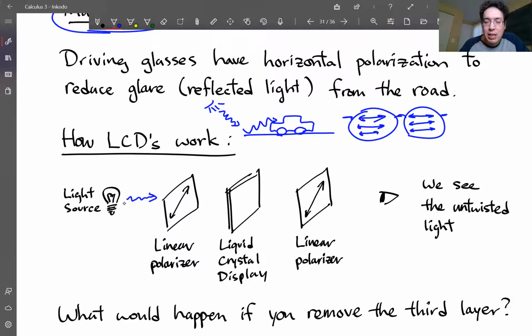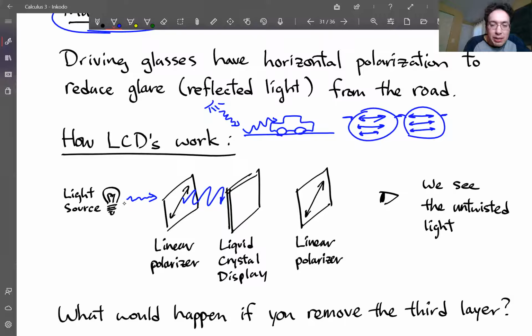Behind the screen, there's light shining through, and it passes through one layer of linear polarizer. There are different ways this could be oriented depending on which electronic device you're looking at, but I think the most common way is a diagonal direction on your LCD, maybe computer monitor or laptop screen. So the light that passes through the first layer is going to be diagonally oriented.